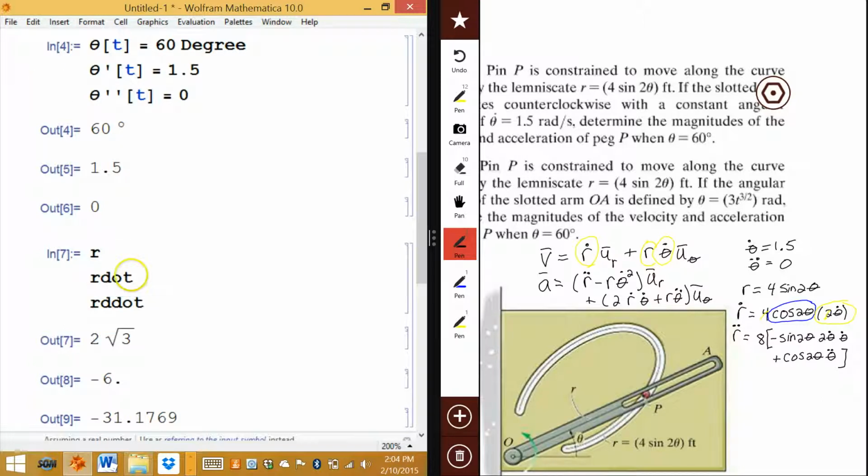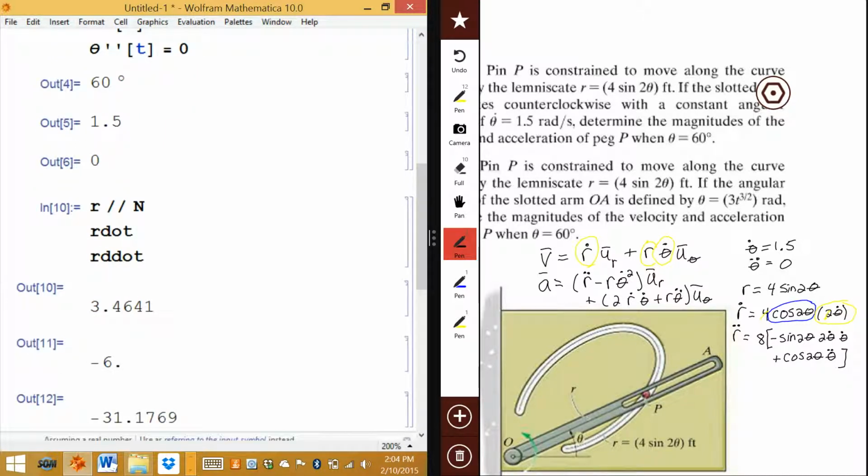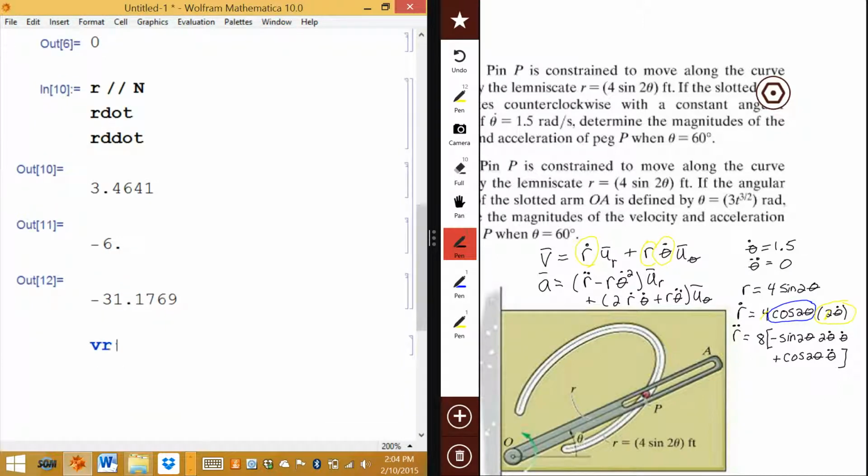And I don't like that square root of 3 business, so I'm going to ask for r. I say divide and a capital N, and I'm asking for it as a number, so I've got that as a number. Okay, so now I've got my r's and theta dots and all that, so I can say the velocity in the r direction is equal to the r dot.